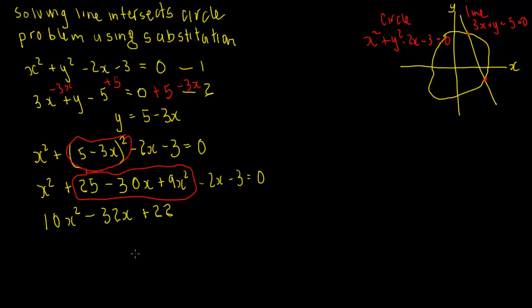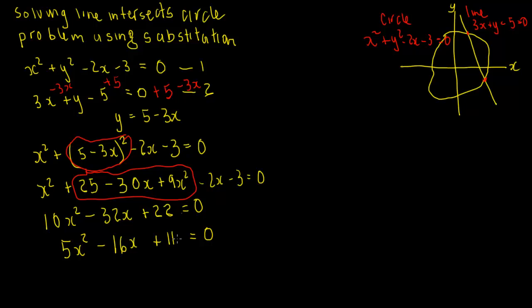Okay, 10x squared minus 32x plus 22 equals 0. Now just looking at that, we can reduce that down a little bit more because these are all even. So we can reduce that down by dividing by 2 into everything: 5x squared minus 16x plus 11 equals 0.